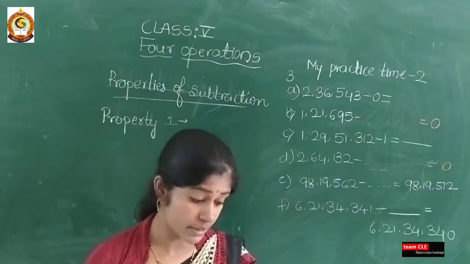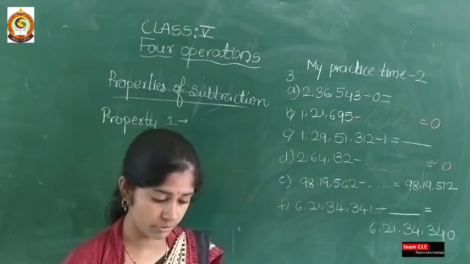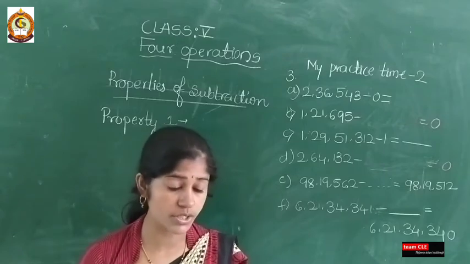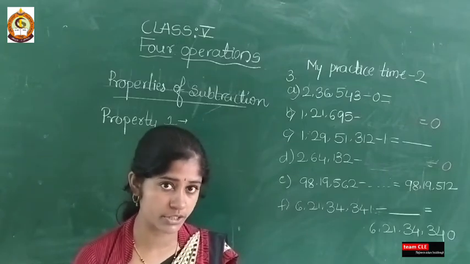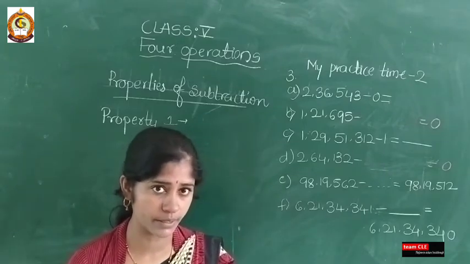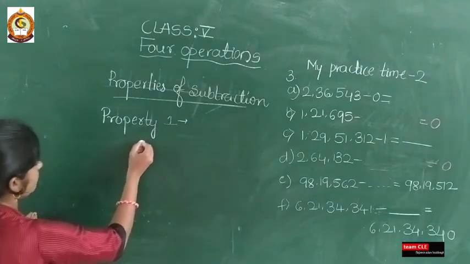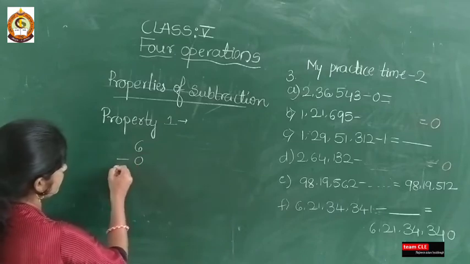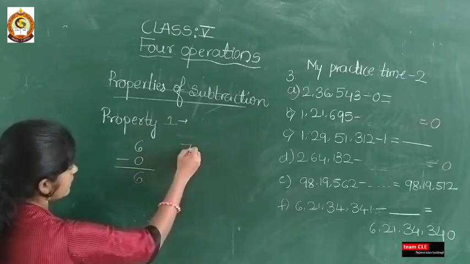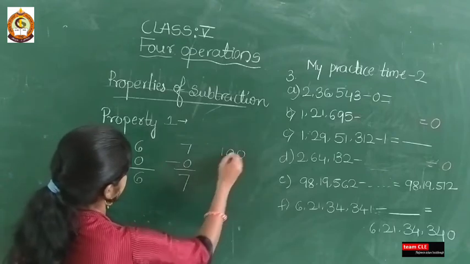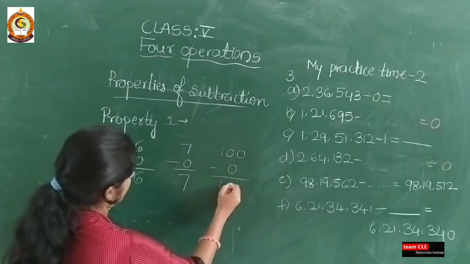When 0 is subtracted from a number, the difference is the number itself. For example, take here 6 minus 0 is 6. 7 minus 0 is 7, 100 minus 0 is 100.